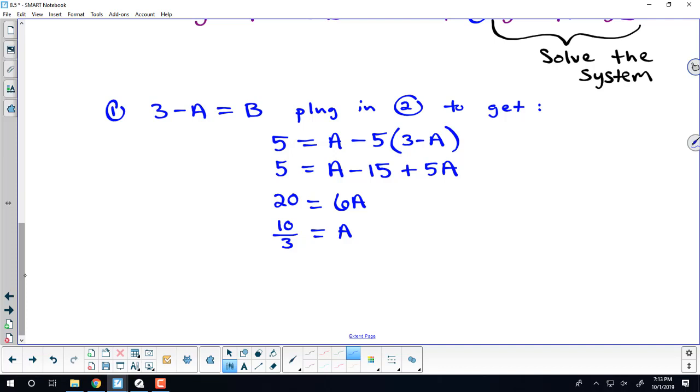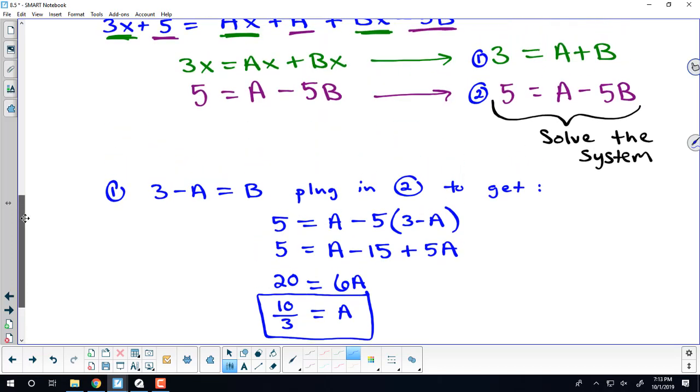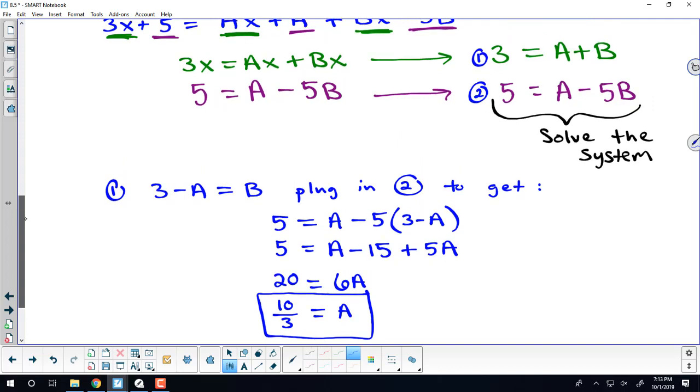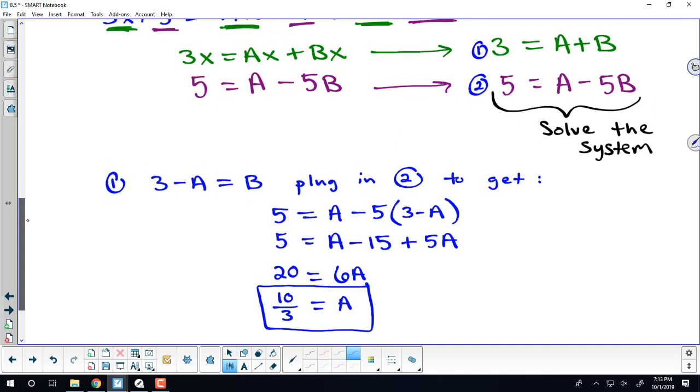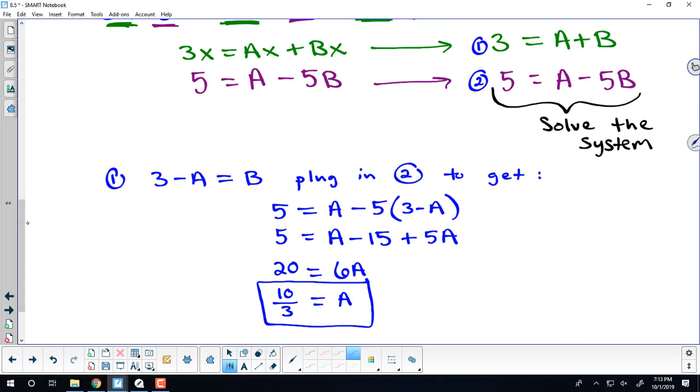So once we have A, since we just have a system of 2 unknowns, you have one unknown, you have the other. So we've got A, we can get B, because we have either equation 1 or 2 to plug into to get B. I think equation 1 is easier. So then we'll plug this into equation 1.